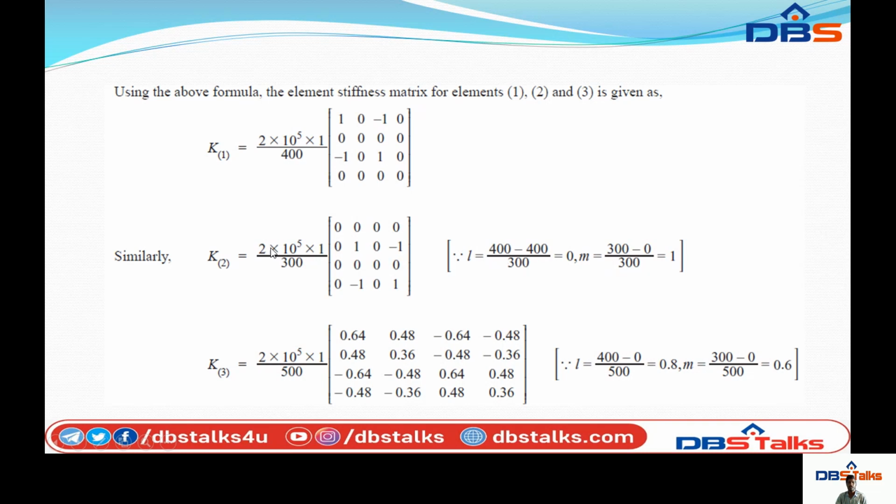Based on the L and M values, I am calculating the element stiffness matrix for element 2. Likewise, for element 3, K3 equals area into Young's modulus divided by the length of element 3. The length is 500, L is 0.8 and M is 0.6. Based on that, I am calculating the remaining values for element 3.